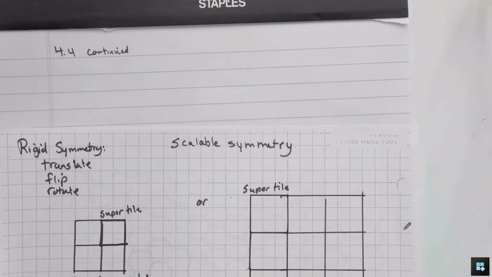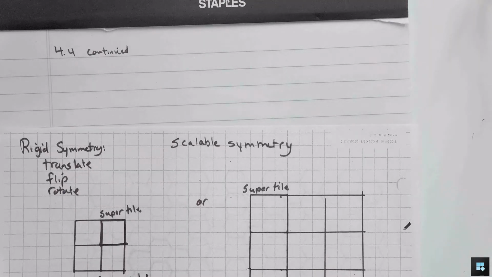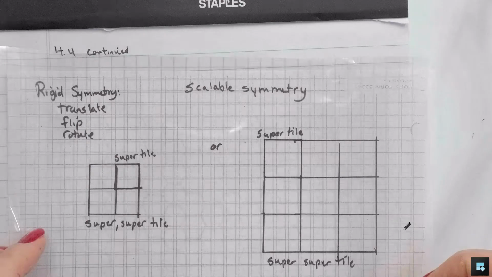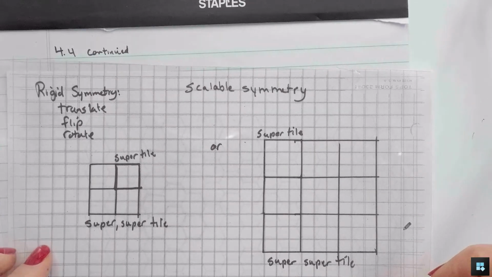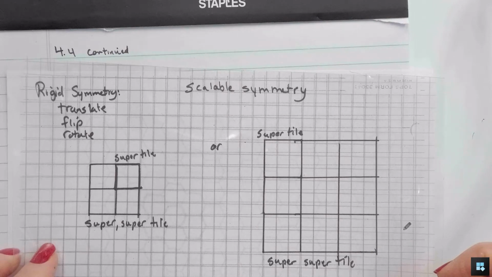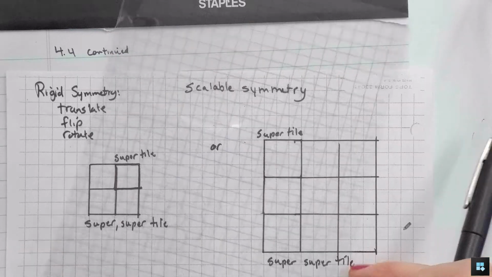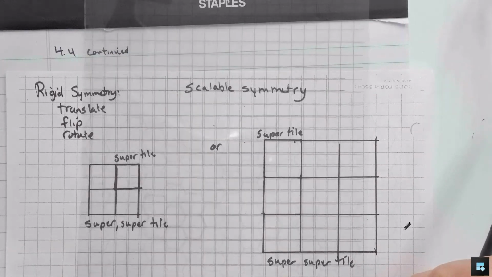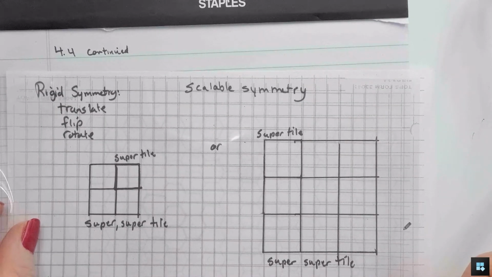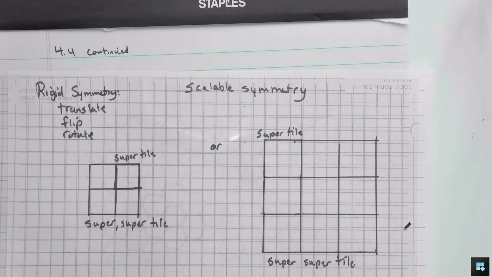So we are looking at 2 kinds of symmetry. We looked at rigid symmetry, where you can take an overhead, a transparency of the same pattern and translate it, or rotate it, or even flip it, and you should land up on top of the other pattern.